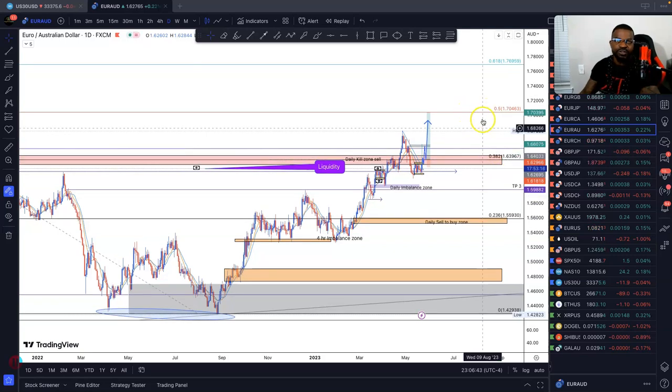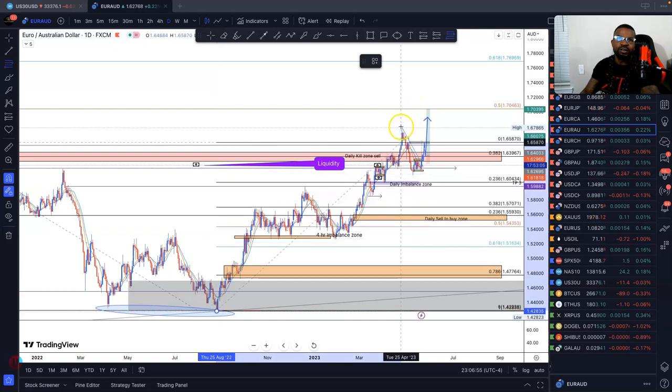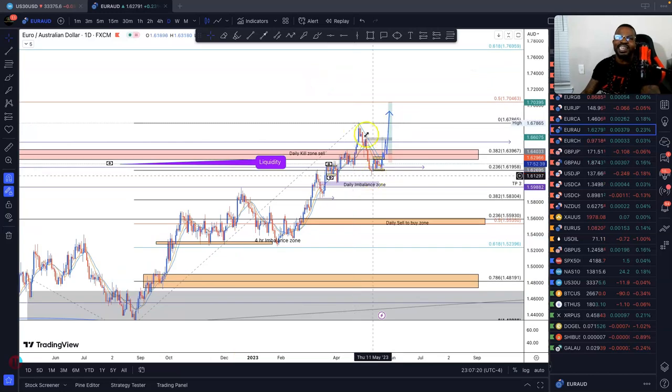Now this fib that we have on the screen, this is the macro fib. I want to see where the retracements could possibly fall for this swing move here. All right, so it's right here.